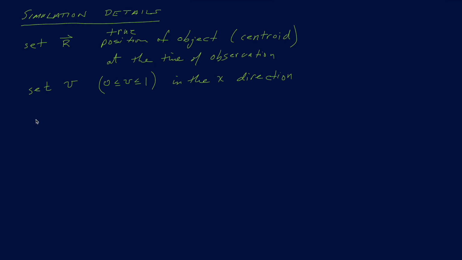And what we do is we specify, or set, delta r sub i. So this is the position of the ith point source relative to the centroid, which we specified earlier.